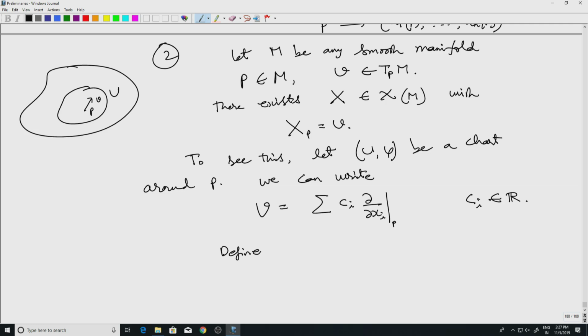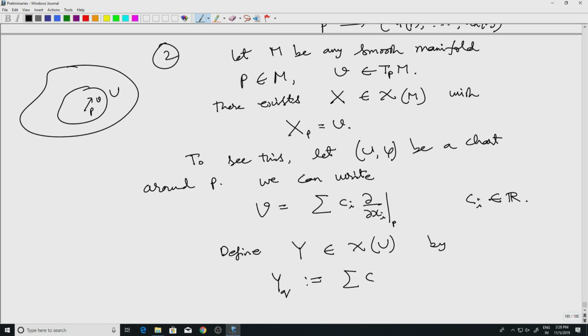Define Y to be a vector field on U by, well, I just take Y at any point Q to be, using the same formula as I have here, except that instead of del by del xi at P, I will be putting del by del xi at Q, but the Ci will be the same.